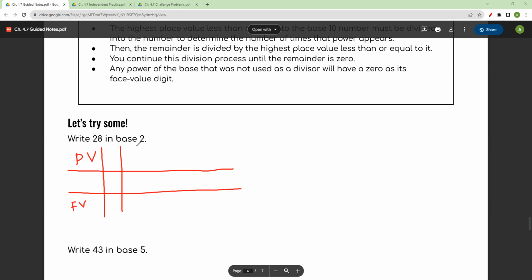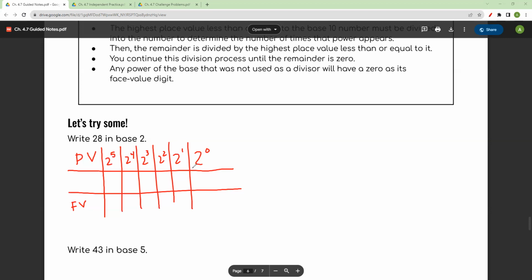So I would start with maybe 5 each time, where this is going to be 2 to the 0, 2 to the 1, 2 to the 2, 2 to the 3, 2 to the 4, 2 to the 5.